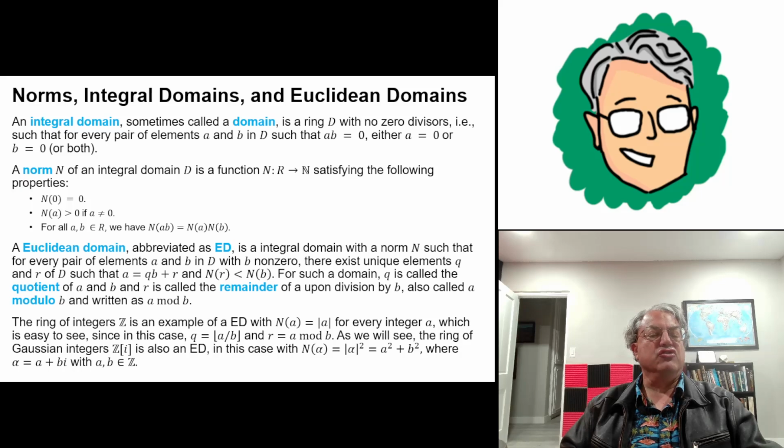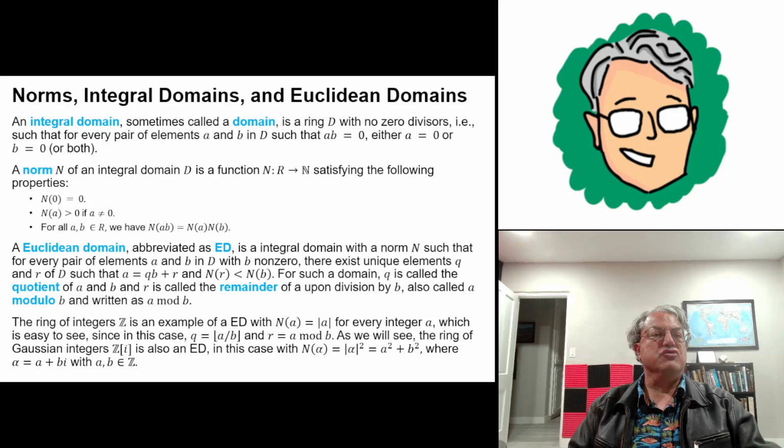And once we have an integral domain, we can define a function called a norm on that integral domain. That's just a function from the domain D to the natural numbers. Here I called it R, I meant to call it D, such that N of 0 is 0, and N of A, if A is a non-zero element of the integral domain, has to be strictly greater than 0.